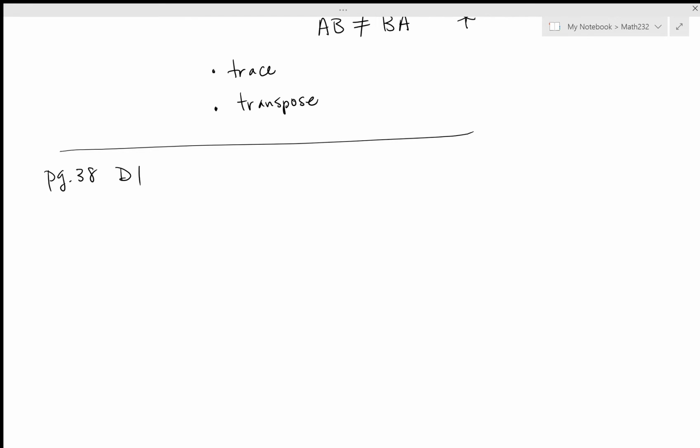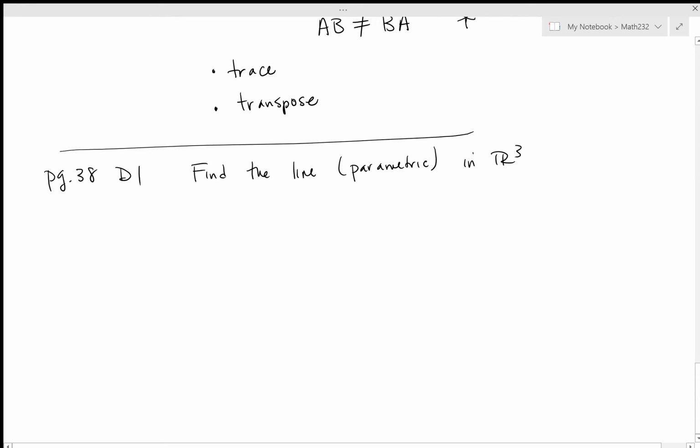So here we want to find a line, asking for it parametrically, a parametric representation in R3, through this point, x naught, y naught, z naught.